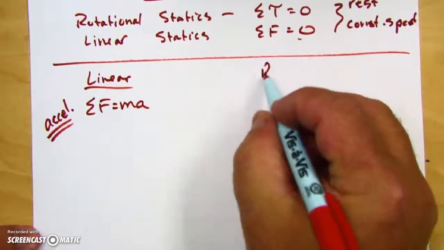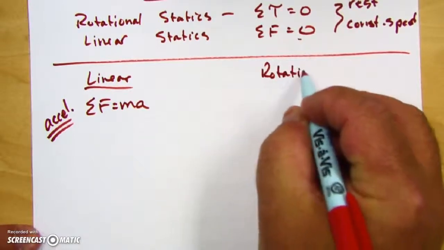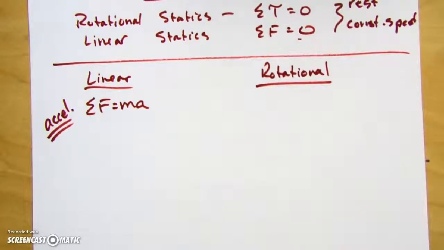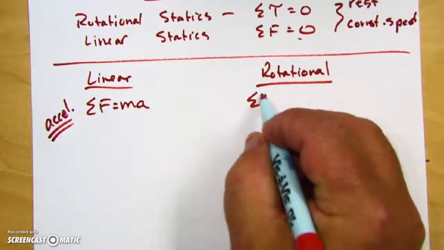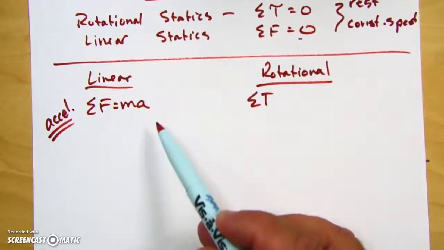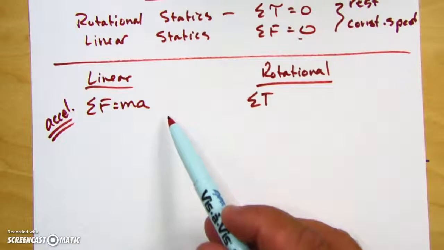Now in a rotational world, in the angular world in which we're moving, what's going to cause an object to spin? Objects are going to spin because of torque. So there must be a net torque on something in order for it to spin. It's very similar to this equation. This is Newton's second law for rotational stuff.